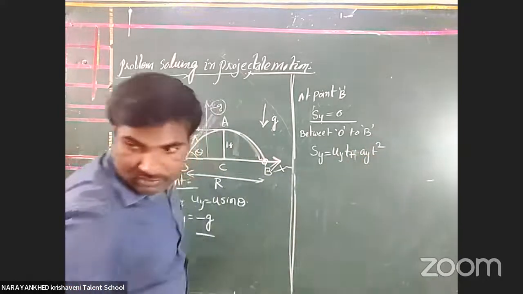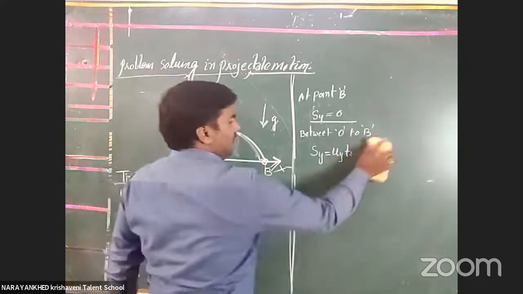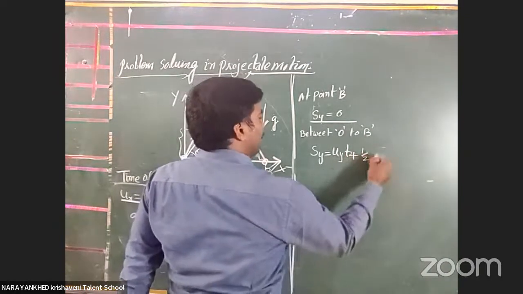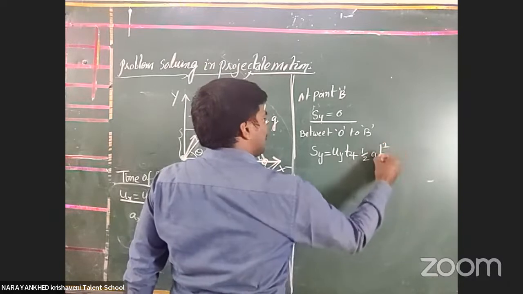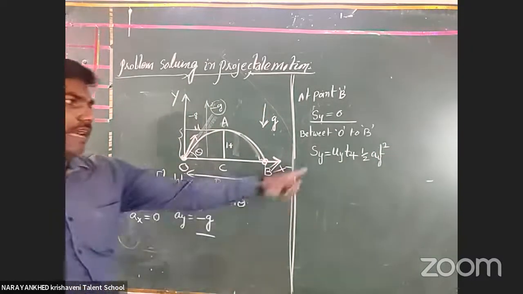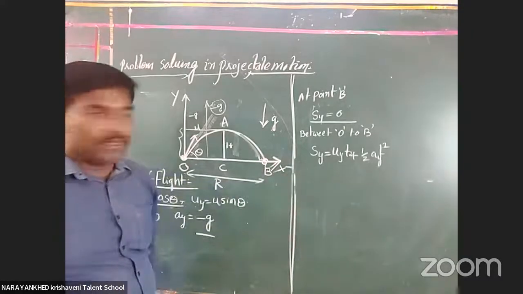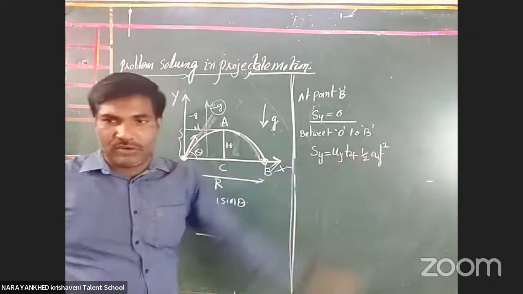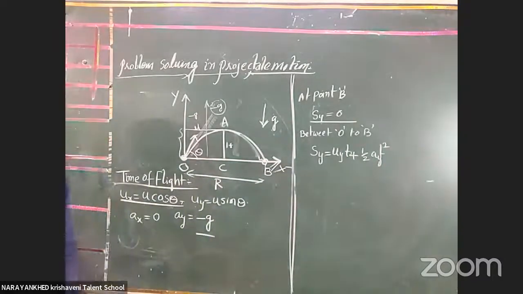That is the equation, or not? This is the traveling distance of the body: SY is equal to UY into T plus half AY into T square. That is what we are considering.